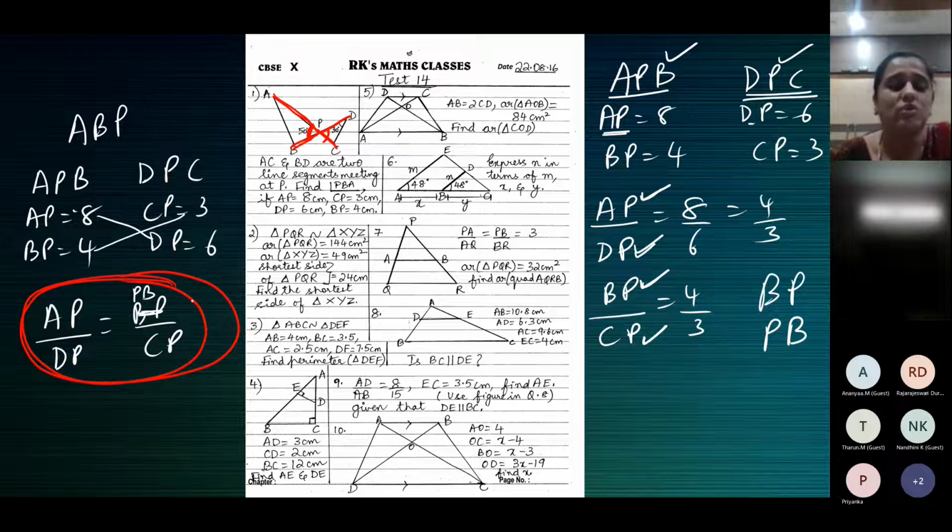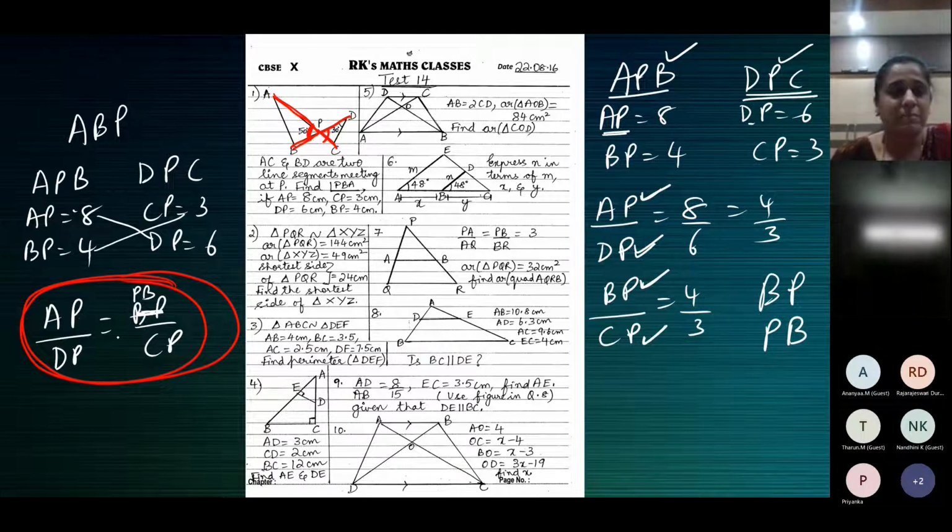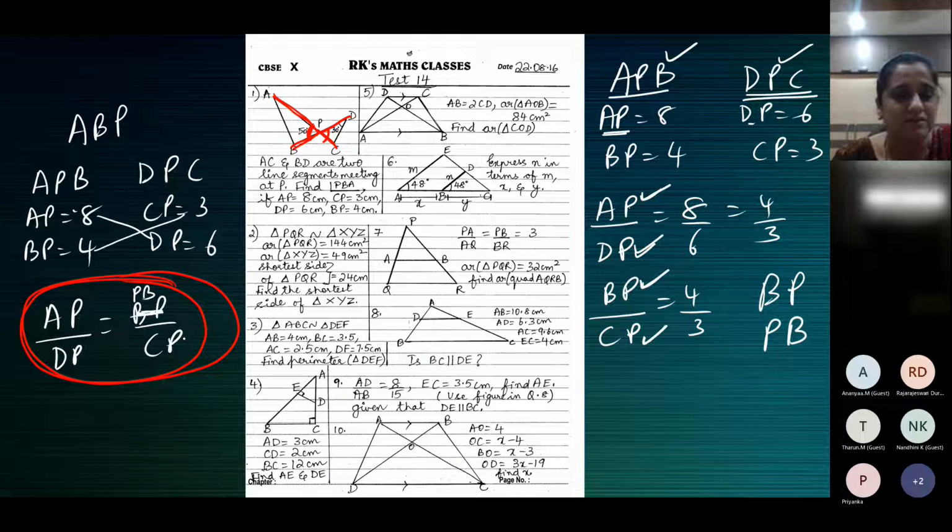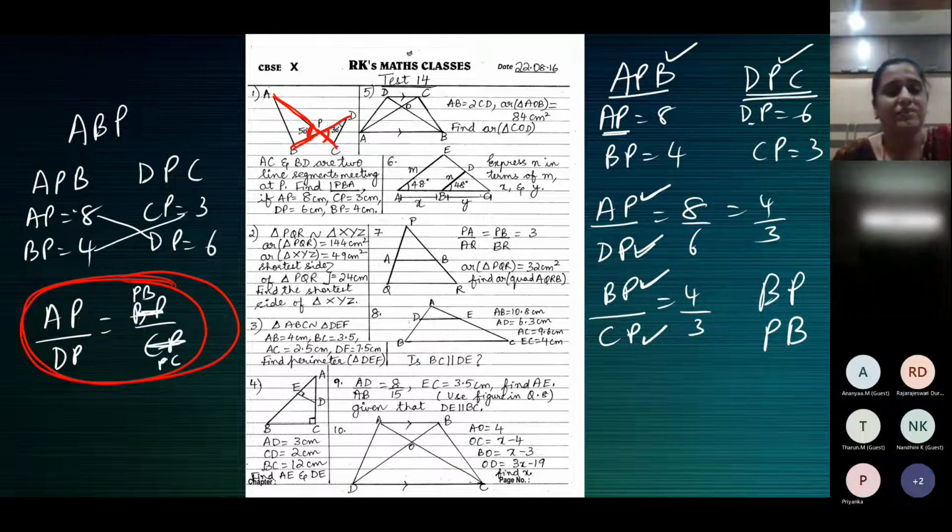We know that the numerators are of one triangle. So make AP, BP into PB, and in the denominator, you have DP, PC. So APB is similar to DPC. In the denominator, DP, PC, DPC.